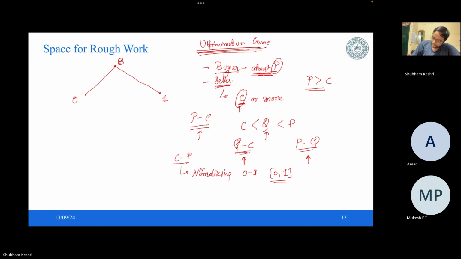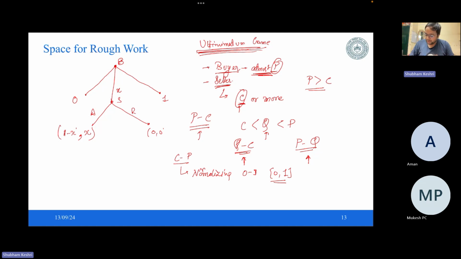Buyer 1 makes an offer: I will pay X amount for this service, and the seller can either accept or reject. If he accepts, he gets a value of X and the buyer gets 1 minus X. If he rejects, then both get 0.